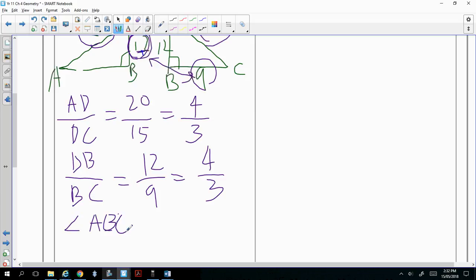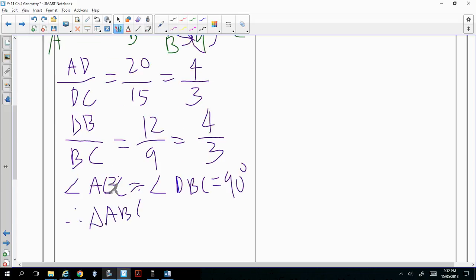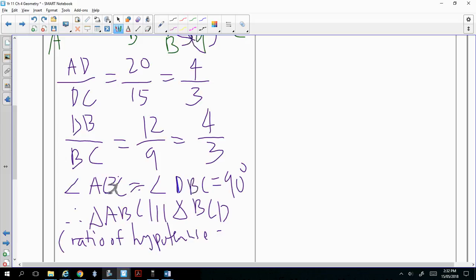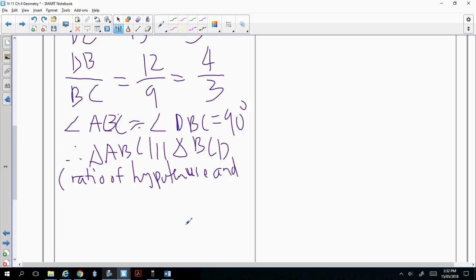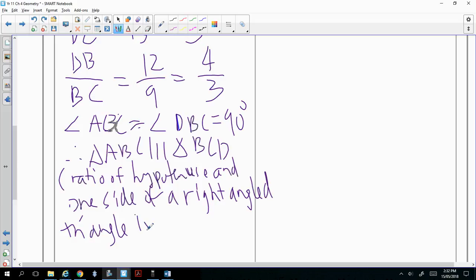And then you say the ratio of the hypotenuse and one shorter side of a right angled triangle is proportional to the hypotenuse and one side of the other right angled triangle. Done. You don't need to find matching sides.